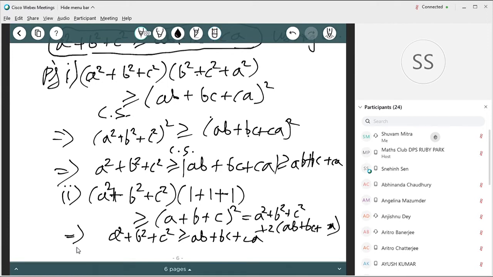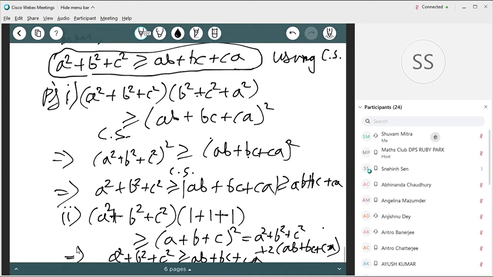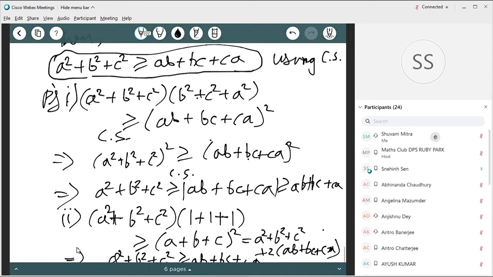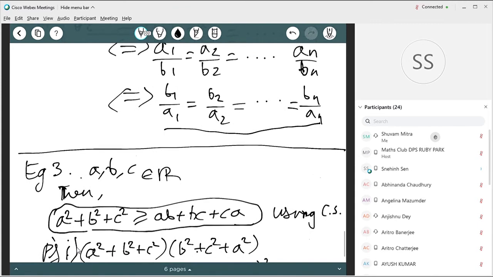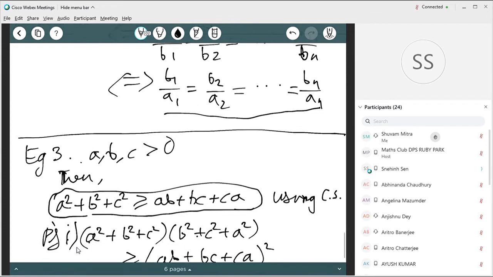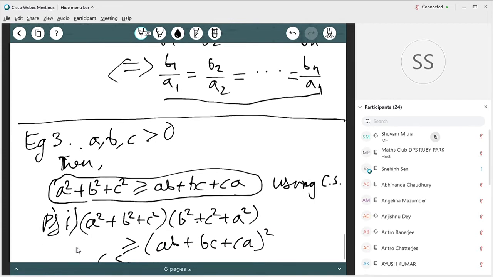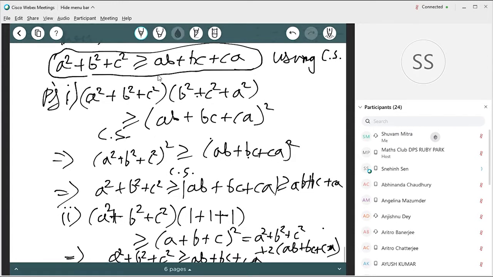Let's not do it for the whole real number case as we were doing. Let's do it for a, b, c greater than 0, because for the equality case that simplifies our job, and then using Cauchy-Schwarz this step is not required. Okay, so let's look at the equality case now.